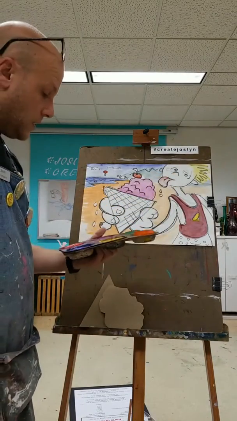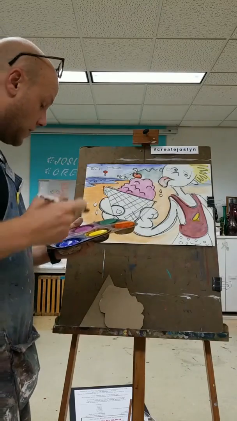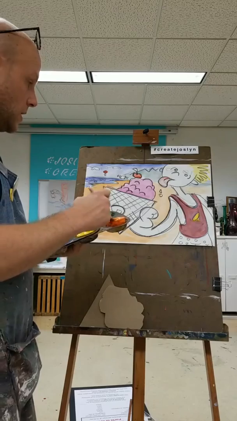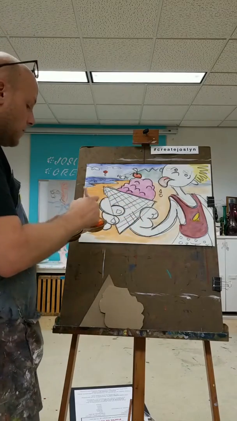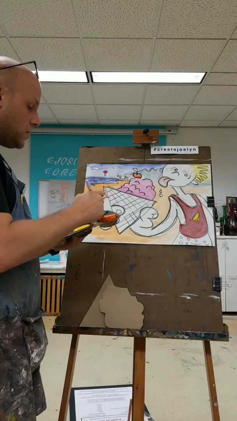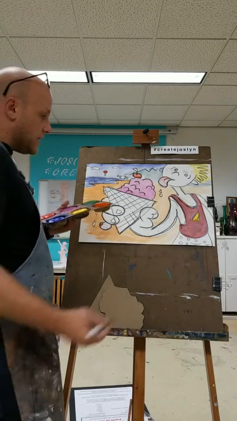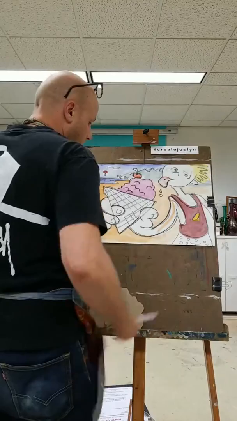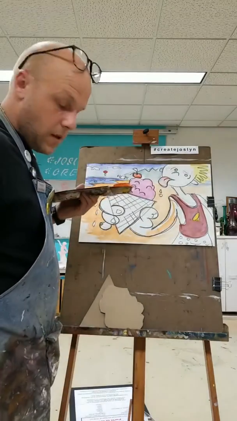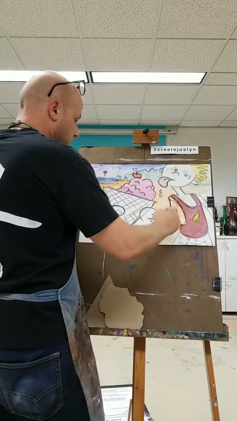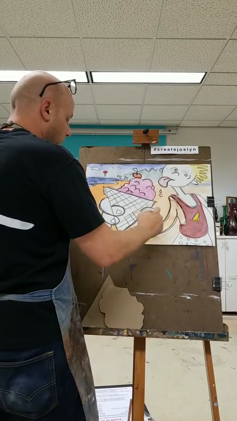Now if we're doing skin tones, all different kinds of skin tones, light skin tones, dark skin tones, sometimes all I like to do is add a bit of orange and a bit of blue. For light skin tones, I might start with a bit of orange, just a touch on the end of my brush with a lot of water.